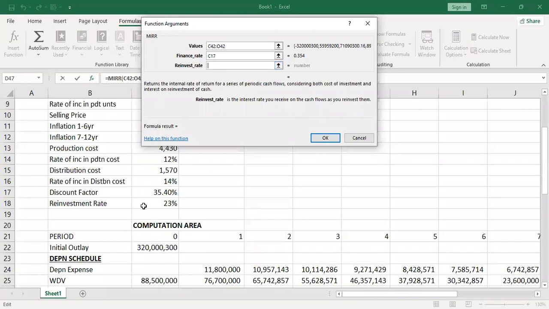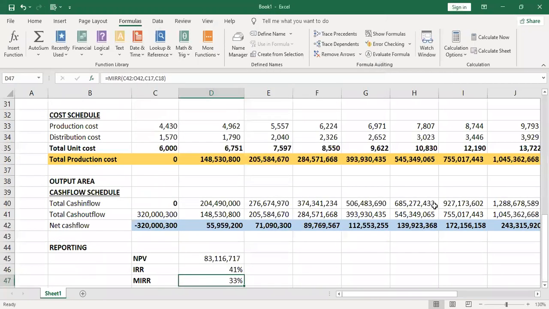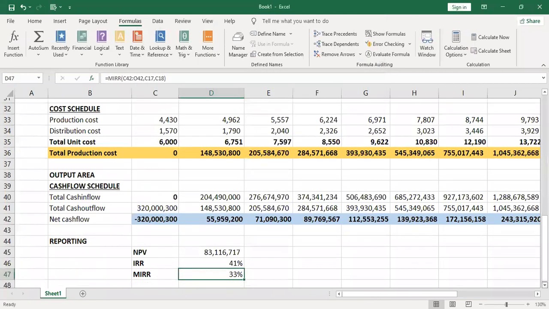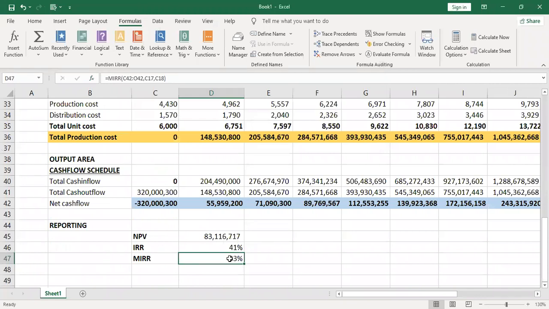The reinvest rate in this case is 23 percent. So you click on 23 percent. And then you click on OK. So the modified internal rate of return is 33%.